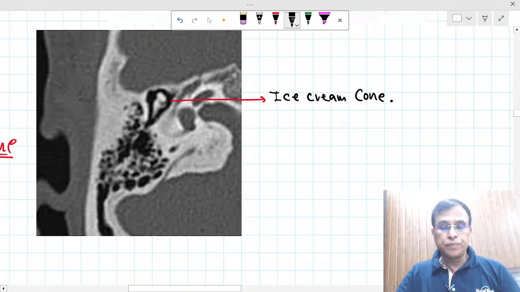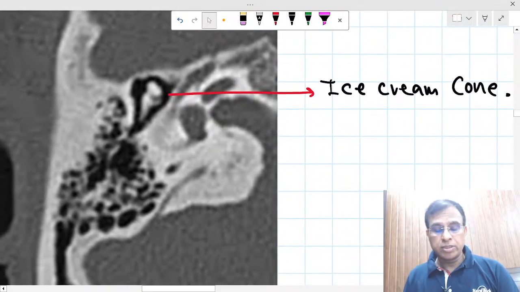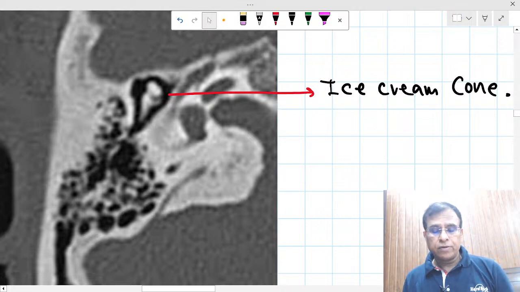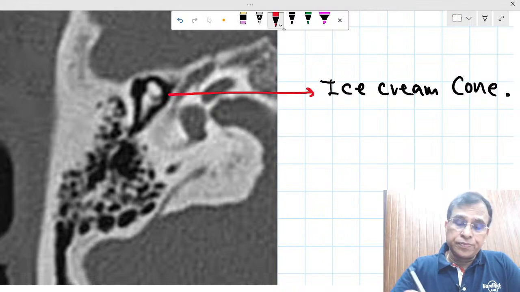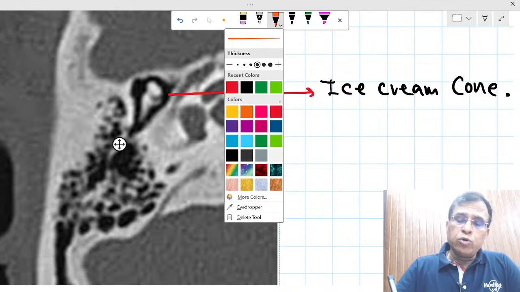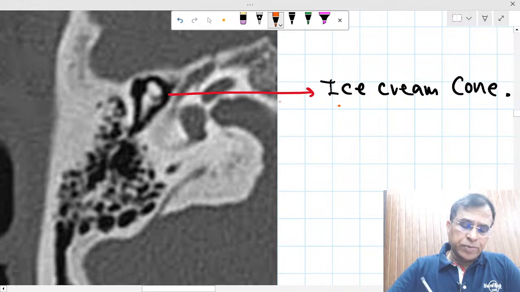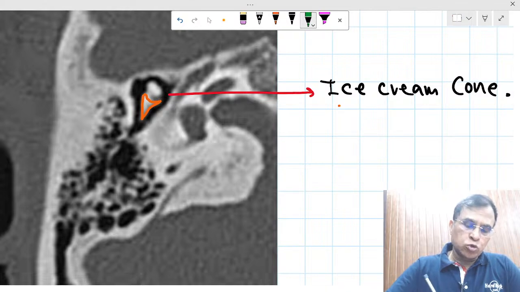Ice cream cone. Normal ossicles. Does it look like an ice cream cone? For any sign, you have to have a bit of imagination. Anybody who named this, according to that person, this is a cone of ice cream, and on the cone of ice cream, this is a scoop of ice cream sitting on it.